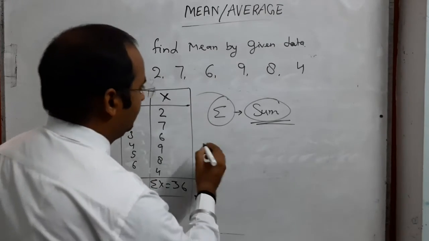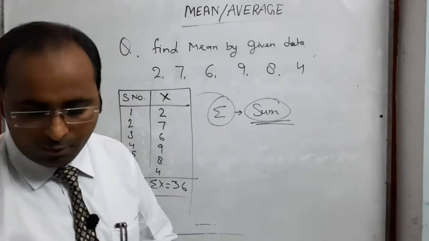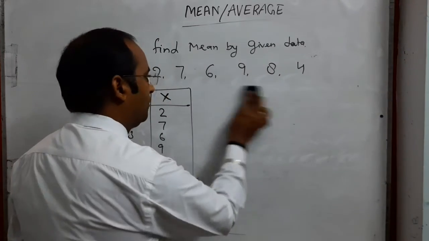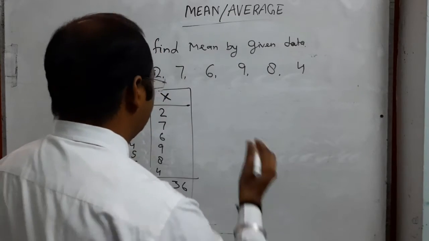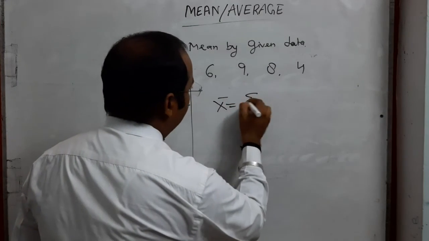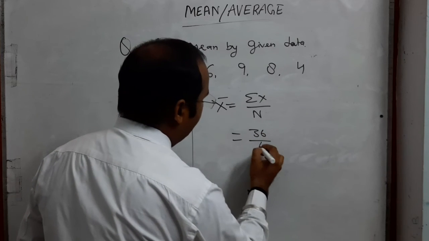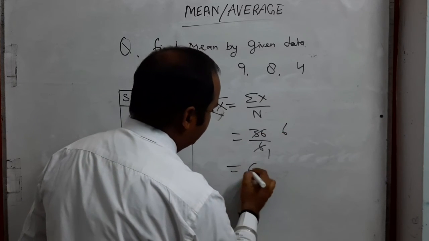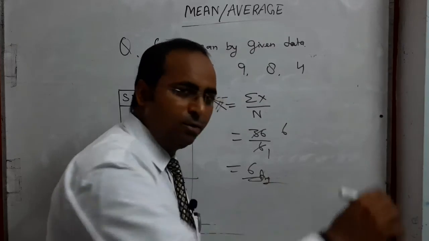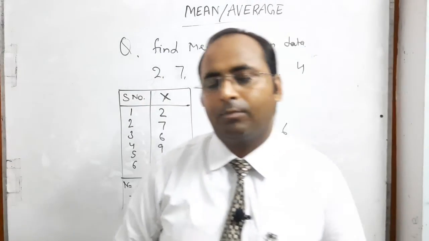Okay, student, give the formula. X bar equals sigma x upon n. 36 divided by 6, 6 ones are 6, 6 sixes are 36. This is the answer.